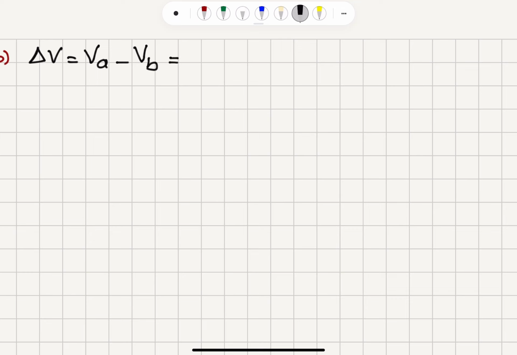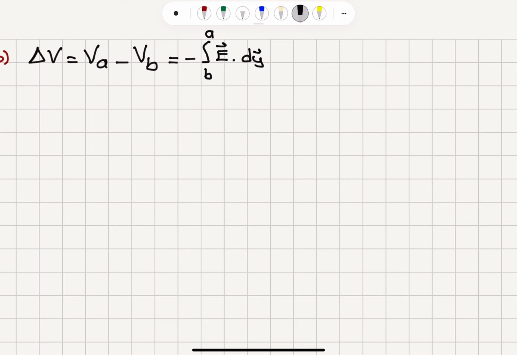This is minus the path integral going from surface B to surface A of the electric field dot product with displacement, and I'm going on the y-axis, E dot dy.